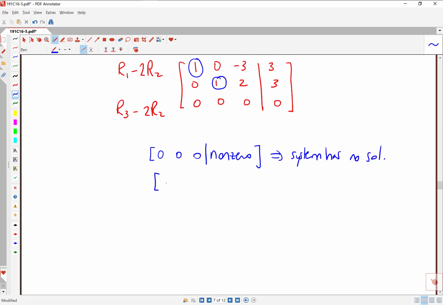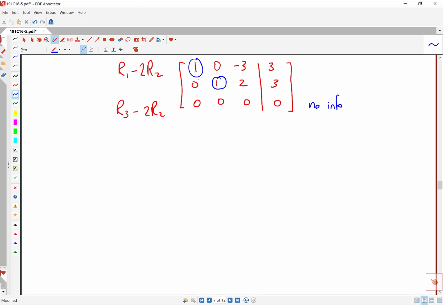But if you see a row like 0, 0, 0, and then on the right side you see a 0, the way I interpret that is just that that row is telling us no information. That row is telling us 0 equals 0, and that's trivial. That's something that's obviously true. It doesn't help us figure out what x, y, and z are equal to. So let's just write beside this bottom row, no information.